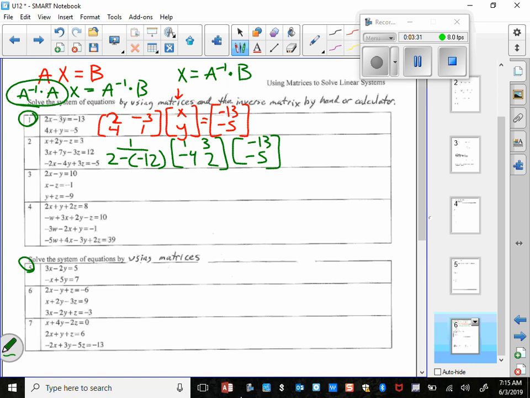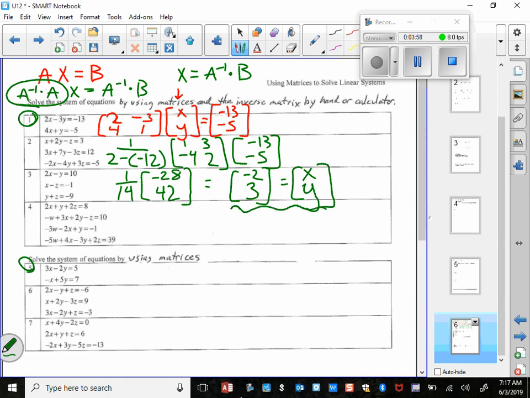So take a second and compute that. I'm going to pause the video, you take a second to compute it, and then unpause it and check what you got. Alright, so you should have come up with -2, 3. So remember what this means is x is -2, and y is 3.